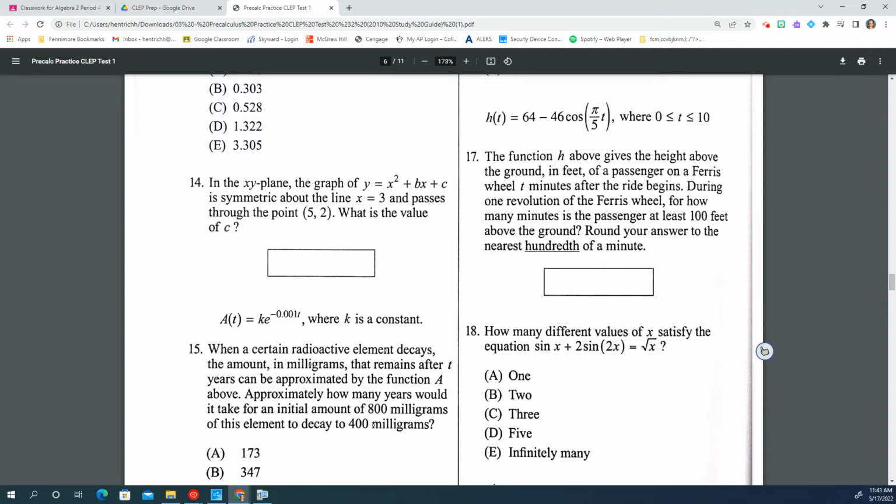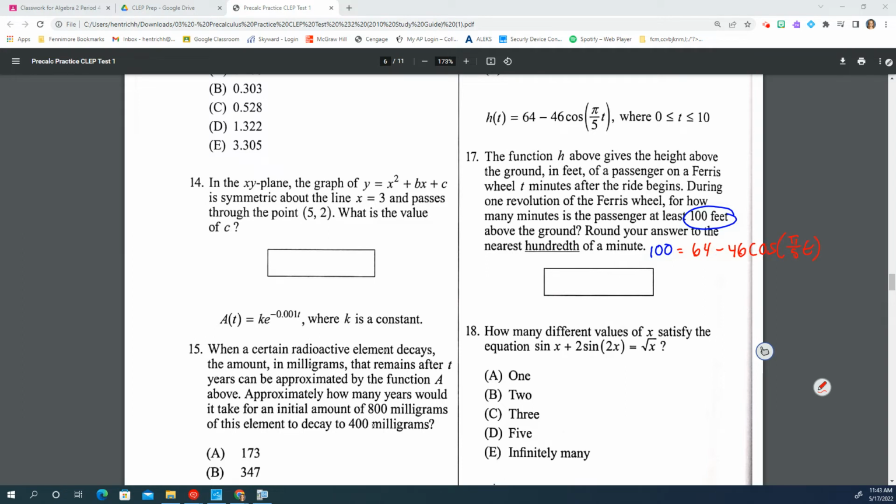So my function h above gives the height above the ground in feet of a passenger on a Ferris wheel t minutes after the ride begins. During one revolution of the Ferris wheel, for how many minutes is the passenger at least 100 feet above the ground? Round your answer to the nearest hundredth of a minute. Okay. So I started by just figuring out when my height is 100 feet, and I use my calculator to do this.